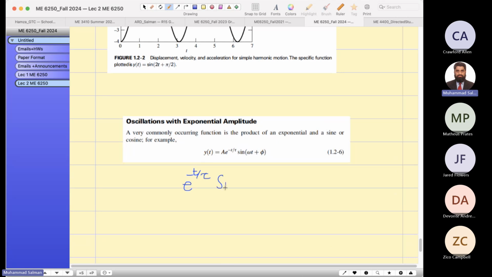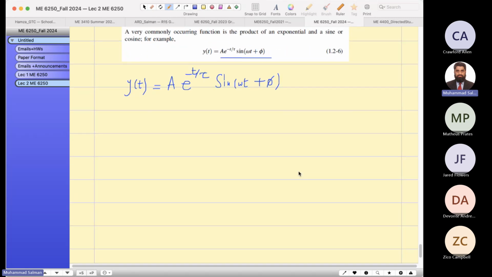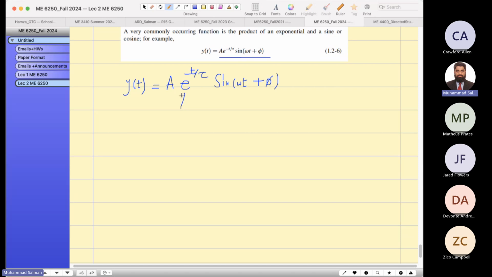When you multiply this by a sine wave and amplitude, this is known as the damped simple harmonic motion. I would say, how is it dampening out with this envelope? So let me show you.